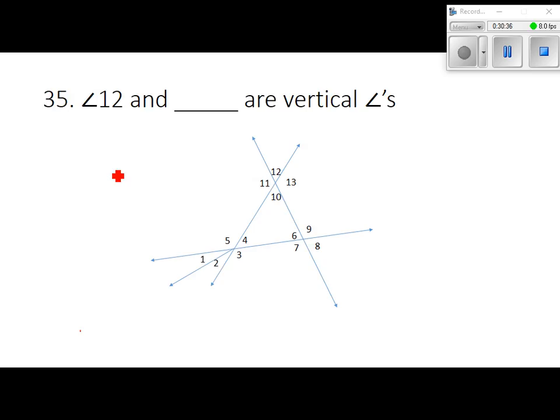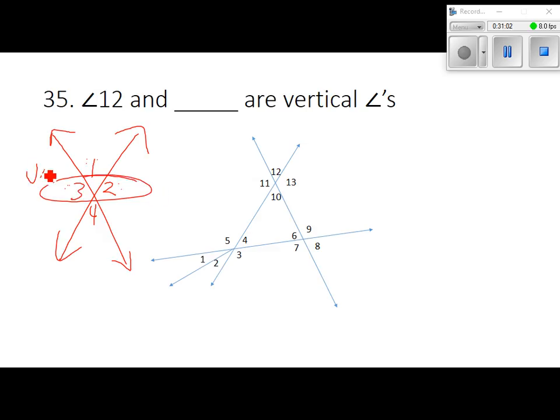Next one, angle 12, and which angles are vertical angles? Remember, when you draw any two lines, vertical angles are the non-adjacent angles. So if I'm looking at this, that's angle 1, that's angle 2, 3, 4. Adjacent are the ones that are neighbors to each other, like 1 and 3, 1 and 2. Ones that are not adjacent to each other would be like angle 3 and angle 2.